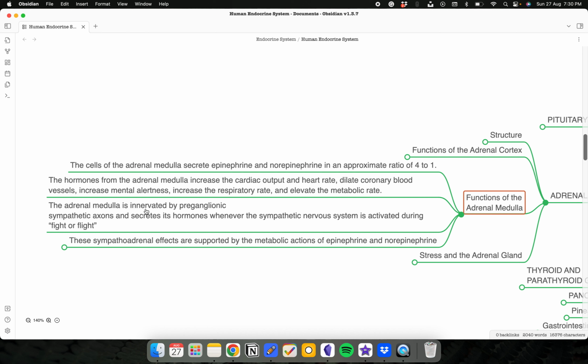Next thing is, the adrenal medulla is innervated by preganglionic sympathetic axons and secretes its hormones whenever the sympathetic nervous system is activated during fight or flight. So the fight or flight mechanism is a mechanism by which we deal with our stress condition. Say for instance we are working out, or running from a danger, or facing a tense moment, this is the fight or flight mechanism.